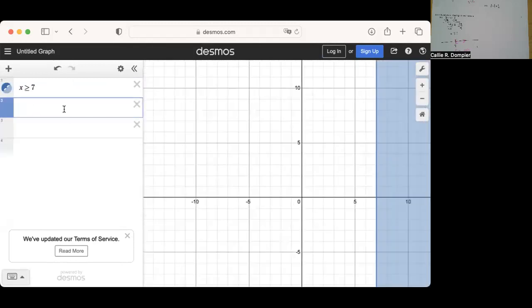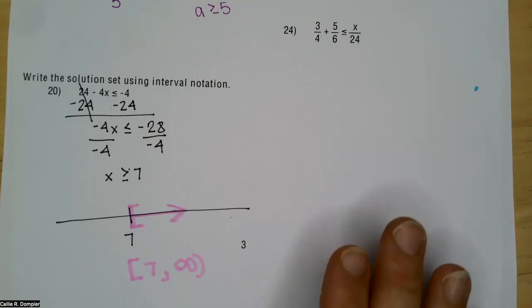And put the original in. 24 minus 4x less than or equal to negative 4. Good. And you'll see that those are the same answer. So it's a kind of a way to check your answer.